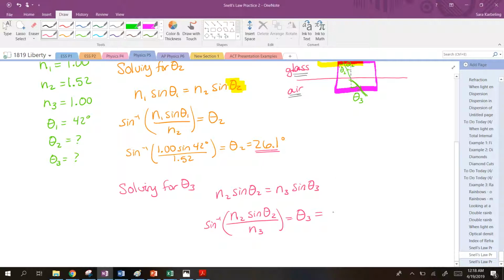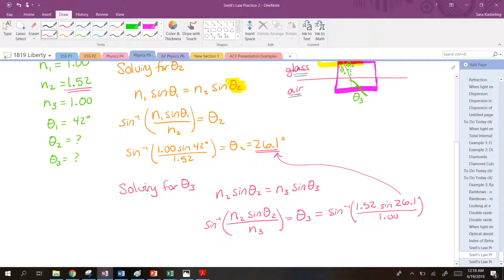So if we plug those values in, we're going to get sine inverse of, now n2, we have to make sure that we're plugging in the right values. n2 is 1.52 sine of 26.1. This is the value that we had right up here that we found in the first part, okay? Divided by 1.00.